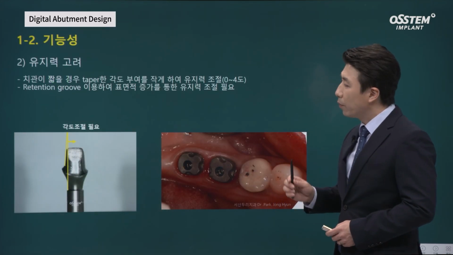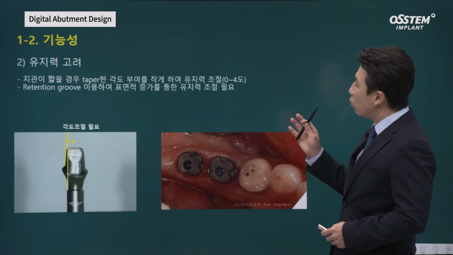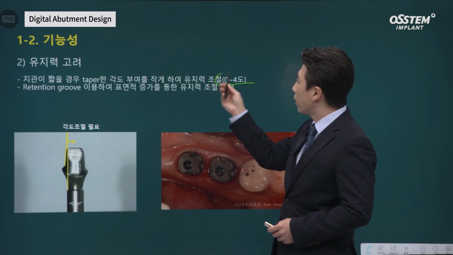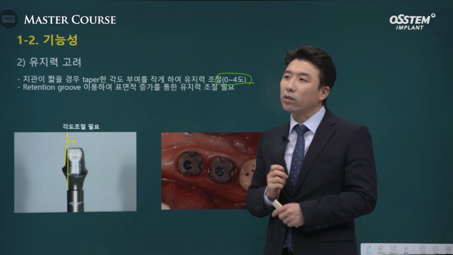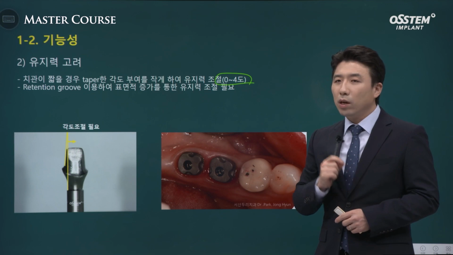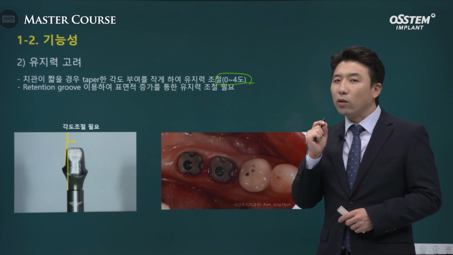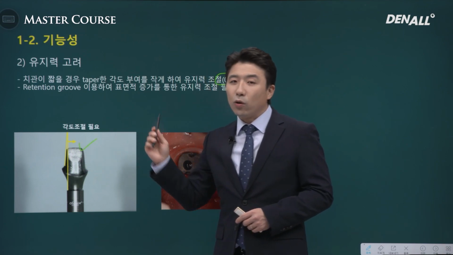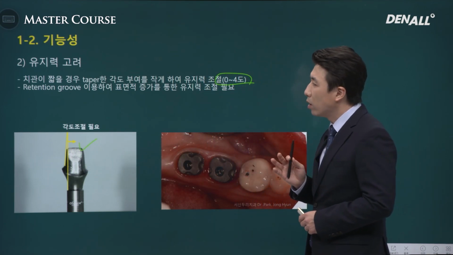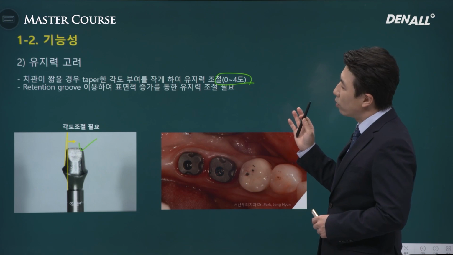Next, moving on to the angle, it says 0 to 4, but 0 is not visible. It goes in straight right angle, but then even with the smallest error, the crown will not fit properly. Therefore, 0 is impossible.